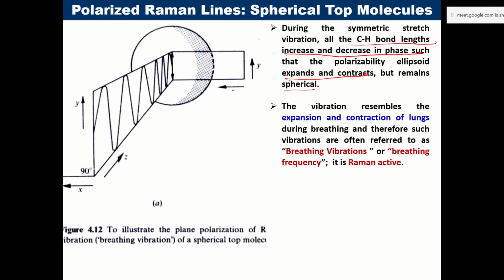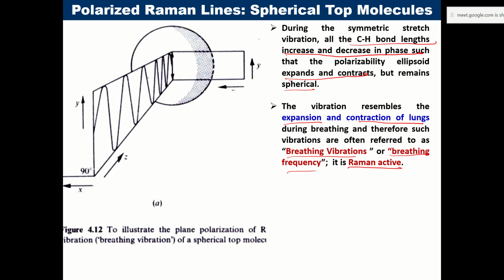Okay, so this kind of vibration resembles expansion and contraction of lungs, and we call it breathing vibration or breathing frequency, and it is Raman active. जैसे contraction और expansion हो रहा है, polarizability changes by a huge amount, and this is strongly Raman active.